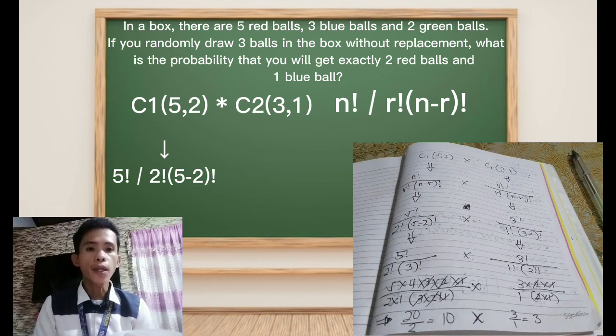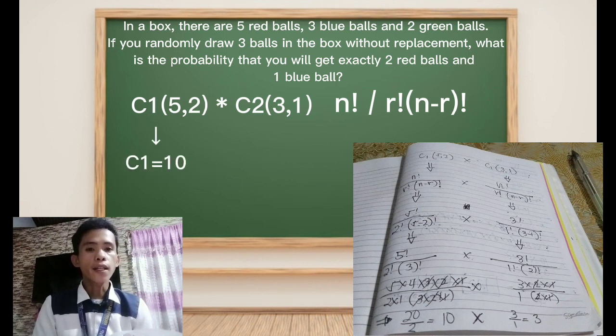The denominator is 2 factorial, which is 2 times 1, and the 3 factorial is 3 times 2 times 1. At this point, we can use cancellation. So we cancel out the 3 times 2 times 1 in the denominator against our numerator, which results in 5 times 4 over 2 times 1. So now, the result is 20 over 2. So 20 divided by 2 is 10. Our combination number 1 is equal to 10.